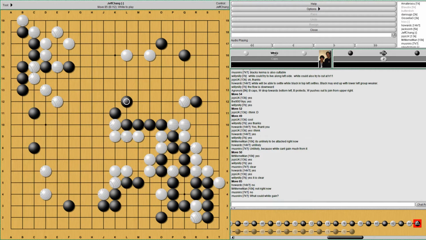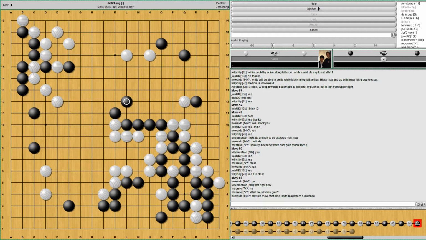Okay, that's a good question. What could white gain out of the attacking? That is pretty good according to theory, but I hope you know, let's say, play big moves that also limit black from a distance.